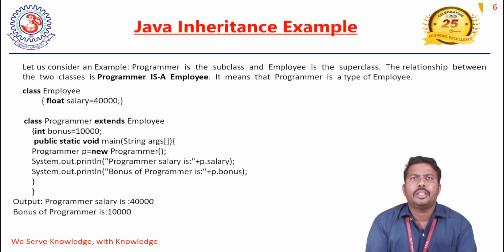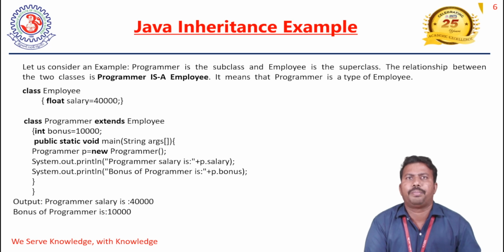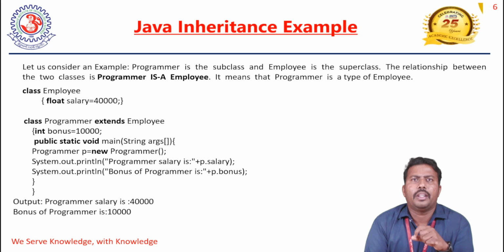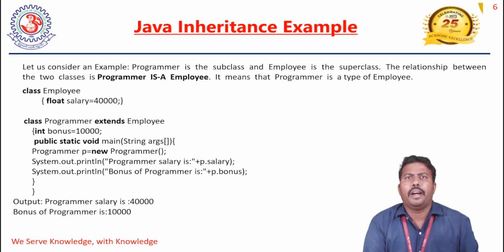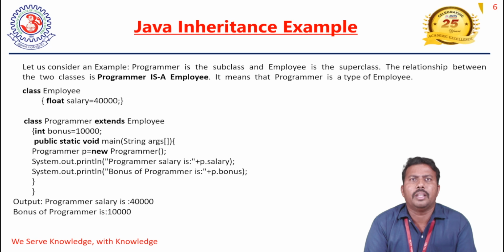Java inheritance example. Let me check an example with respect to inheritance. Let us consider an example with Programmer as the subclass and Employee as the superclass. The relationship between the two classes is that a Programmer is an Employee. It means the Programmer is a type of Employee. Class Employee has a variable, float salary.